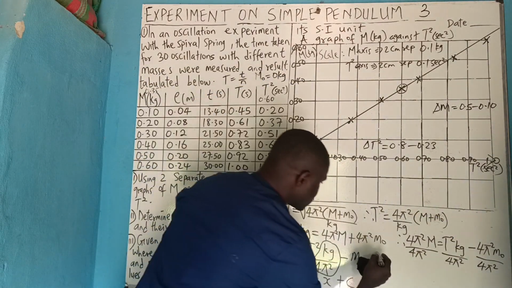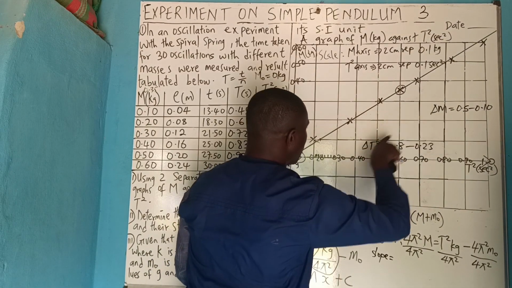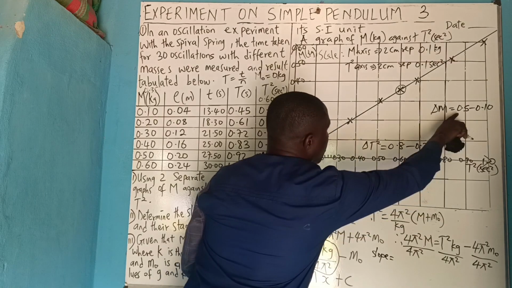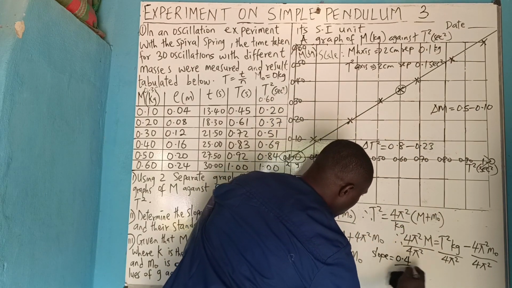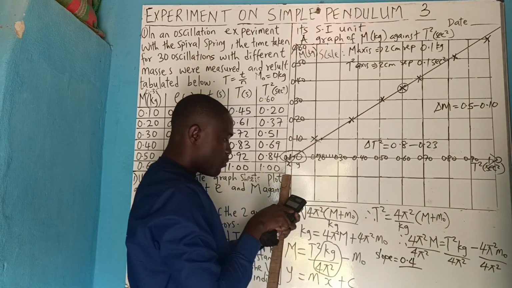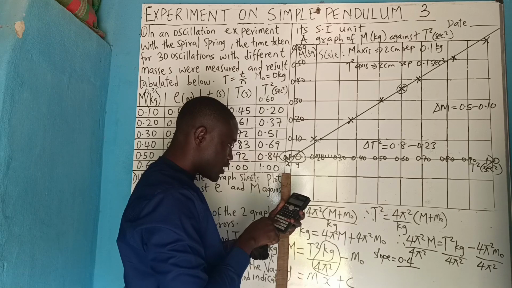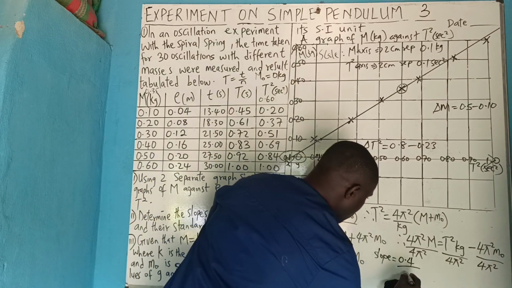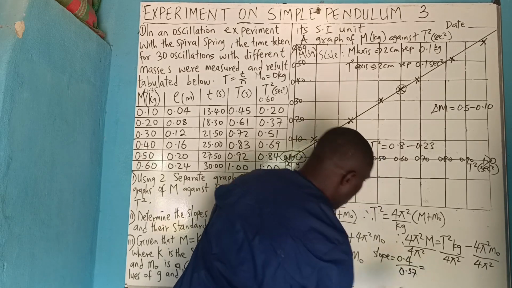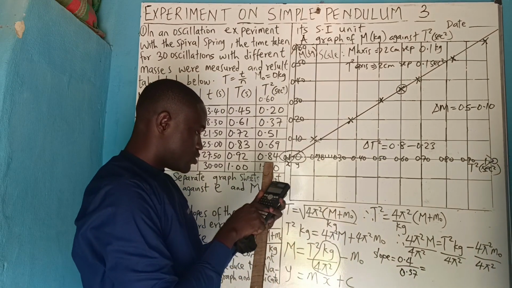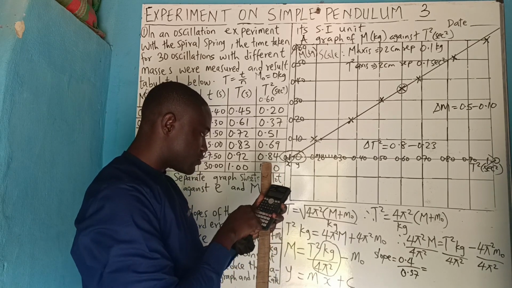We say our slope is equal to change in m over change in t squared. 0.5 minus 0.1, 0.4, all over 0.8 minus 0.23 equals 0.57. What will it be giving you? 0.4 divided by 0.57.